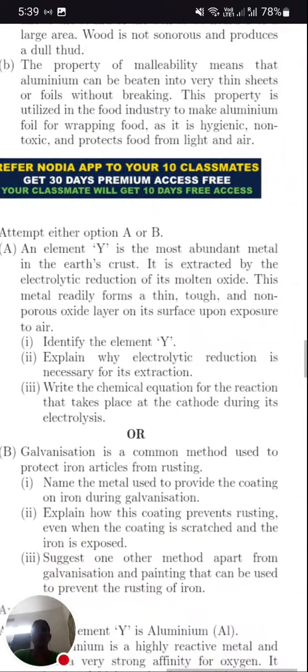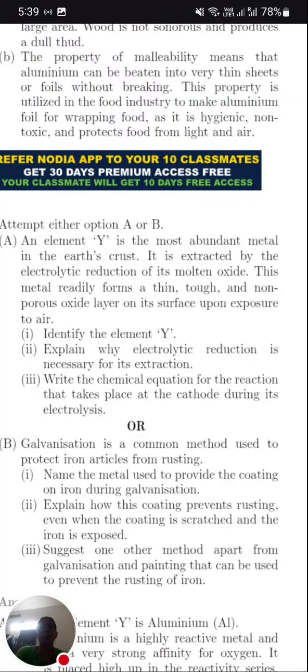Then the 26th one. An element Y is the most abundant metal in the earth's crust. Next, it is extracted by electrolytic reduction. Once you see electrolytic reduction, it means it is a highly reactive metal, which undergoes electrolytic reduction from its molten oxide.